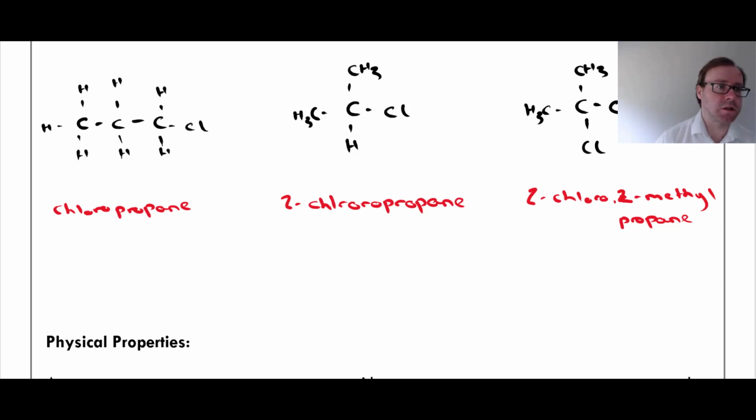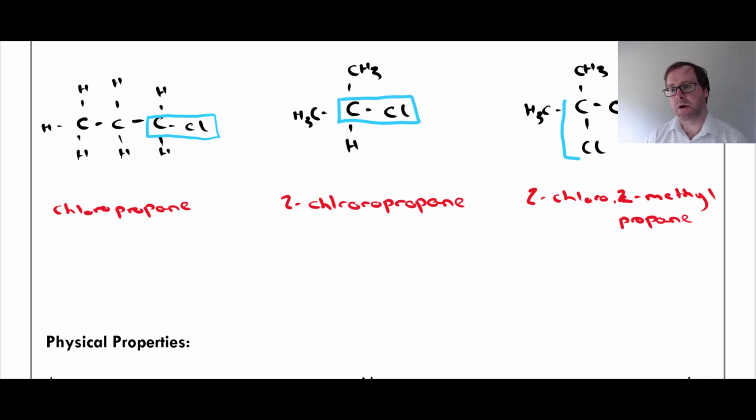Now classifying. If you've looked at the alcohols video, we know that we classify alcohols by looking at the C-OH bond and seeing how many carbons are attached to it. It's exactly the same for classifying haloalkanes.